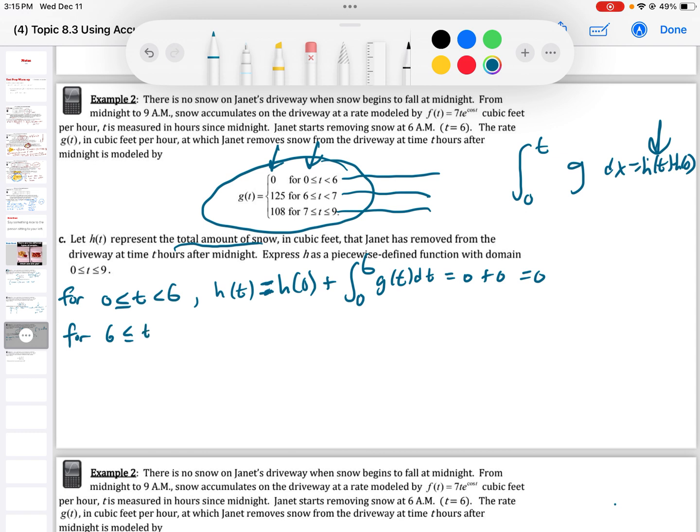So for the next interval, 6 to 7, h of t would be equal to h of 6 plus the integral from 6 to t. This is where I probably should put my g of x. Okay, so this one, I see it. This should be t. These should be x's.